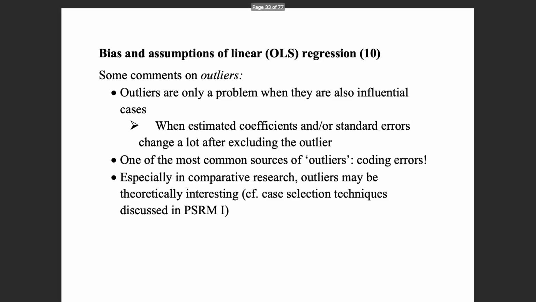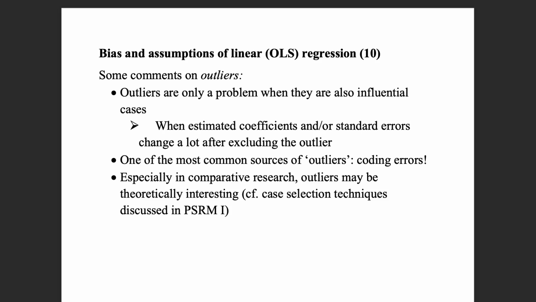So that's one. Another one that, especially for political scientists, it's quite good to be aware of, is that especially if you're doing comparative, so country comparative research, for instance, these outliers that you find, let's assume that they're not based on coding errors, but they're real outliers.